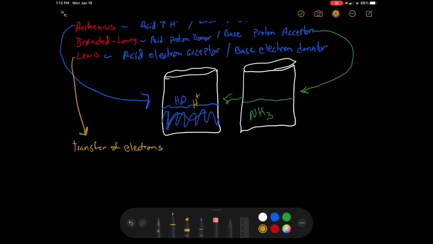It's going to connect. They're not going to just remain free. So free hydrogen ions, let me write that down. Free hydrogen ions do not exist specifically in water, okay?